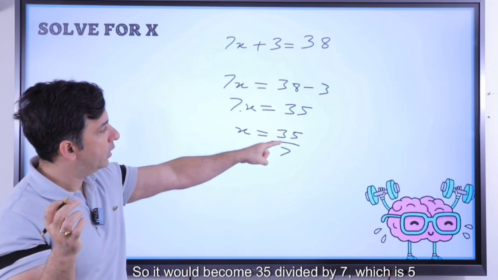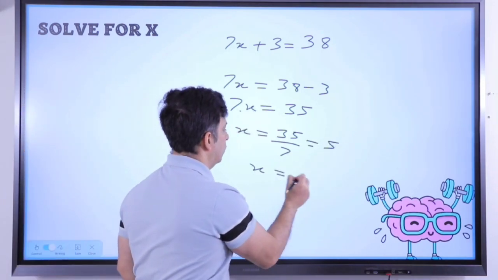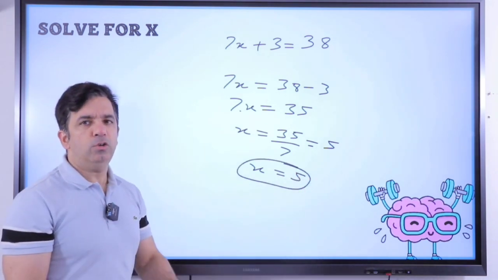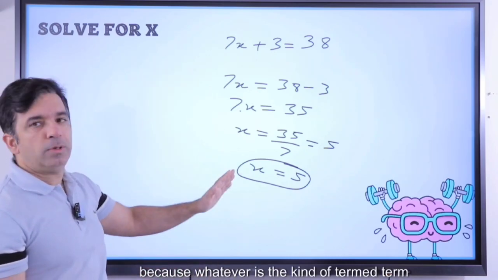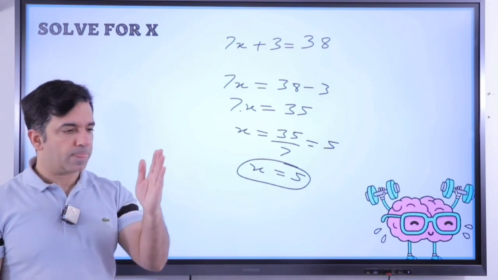So it would become 35 divided by 7, which is 5. So this was the final answer. So again a very simple term, but we need to just focus upon doing any such question, because whatever is the kind of term that is created, we should be easily able to handle that. Now let's solve one more.